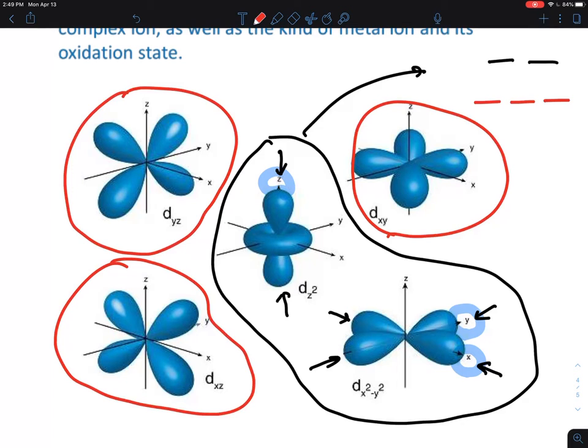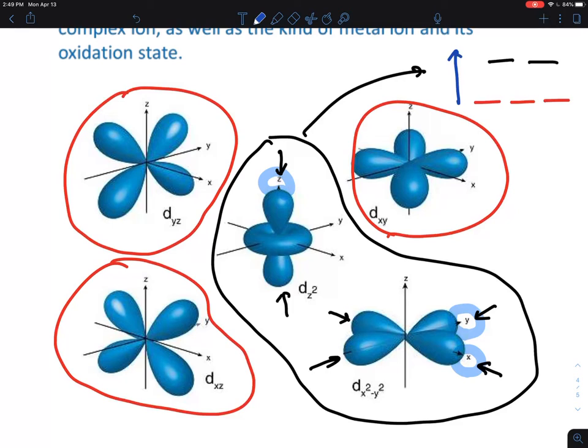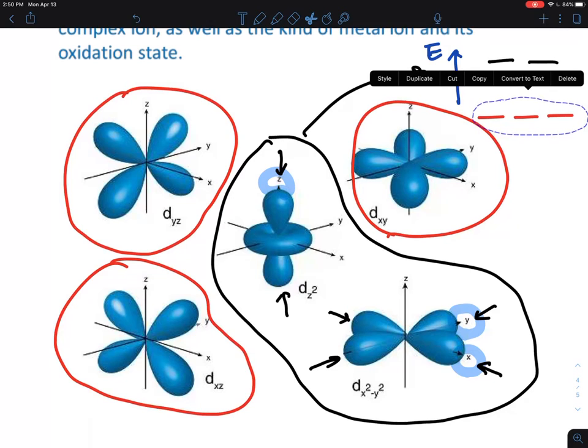The question is, how big is the energy gap between them? Is the gap going to be big or small? Depending on your neighbors, the gap can be small or big, and the answer can be found from your neighbors.